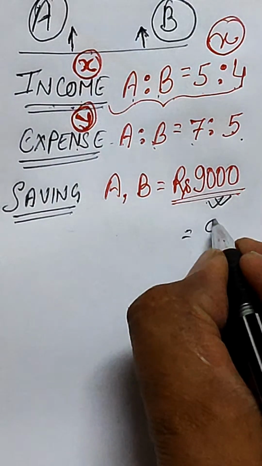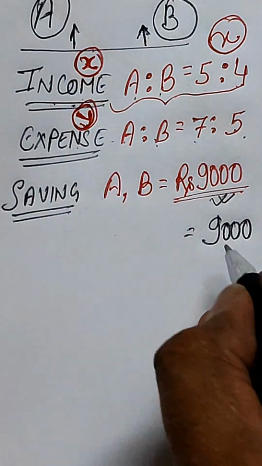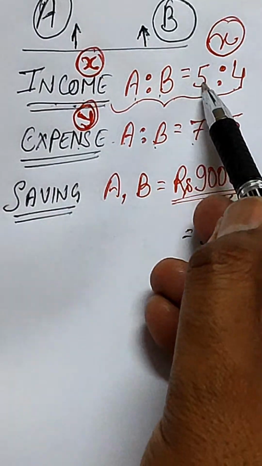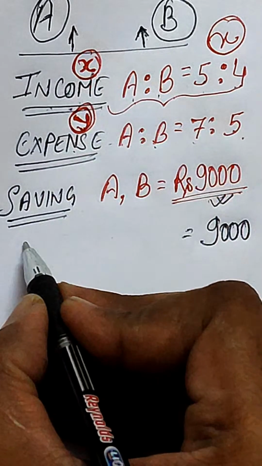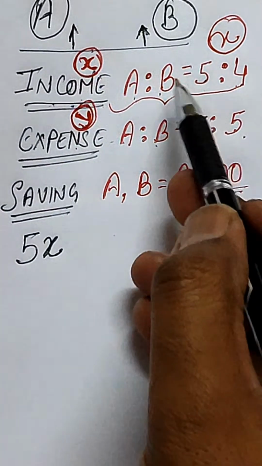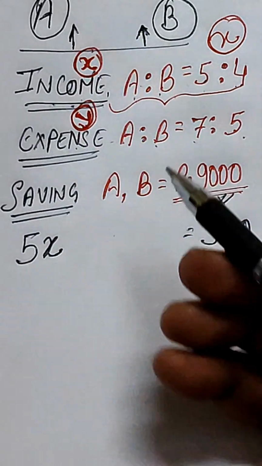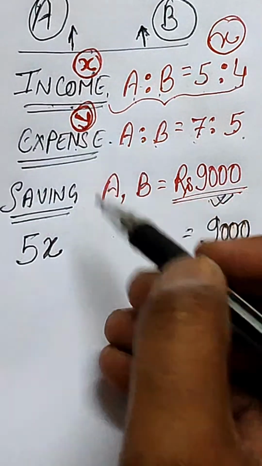So now 9,000 is the figure which will come how? This will come from the income of A. If we consider x as income, then 5x is the income of A, and the expense of A will be 7 times that variable y.